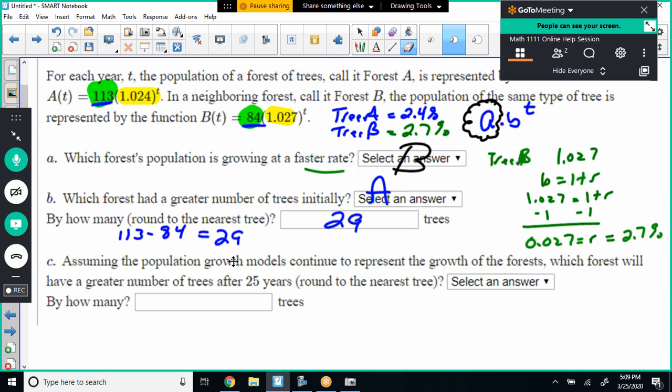Assuming that the population growth model continues to represent the growth of the forest, which forest will have the greatest number of trees after 25 years?